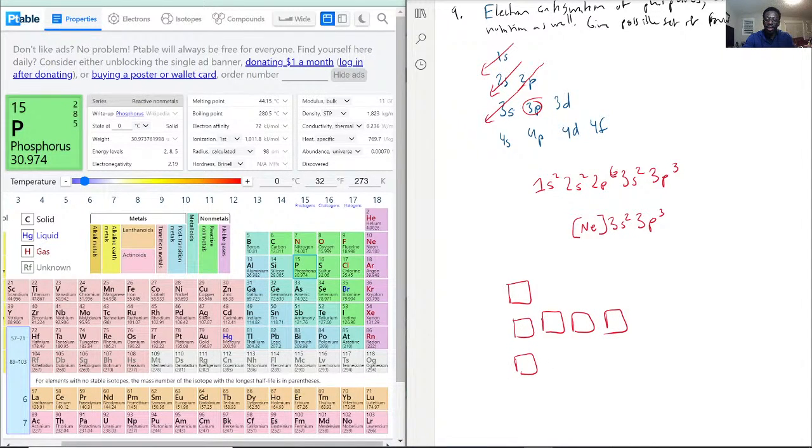and this is the orbital box notation. Okay, so we have 1s2 because there's 2 electrons there, 2s. Oh, I forgot something. This is the 1s.